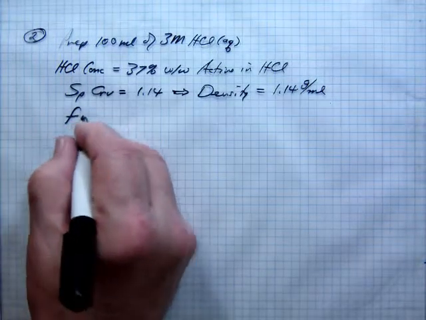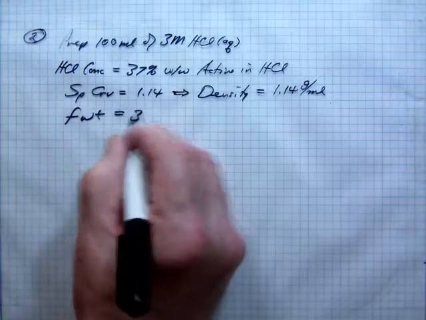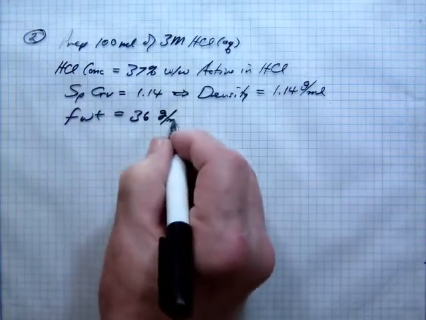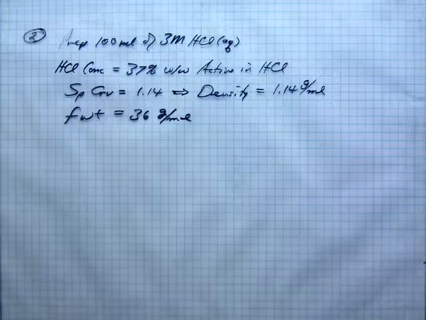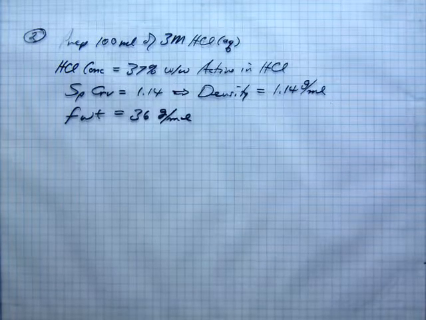Use the formula weight of 36 grams per mole. Chlorine's 35, hydrogen 1, 36 grams per mole.